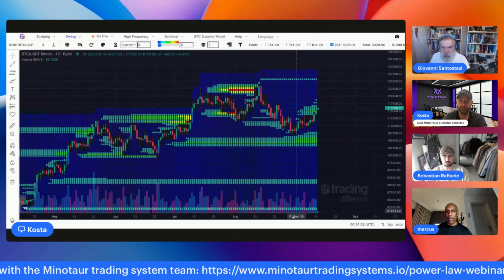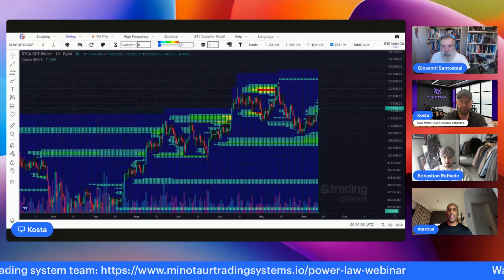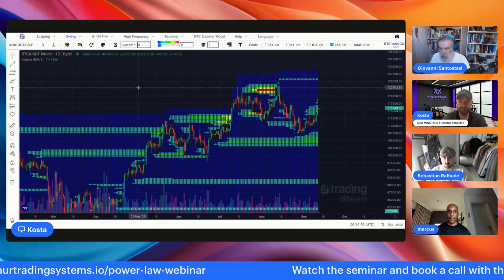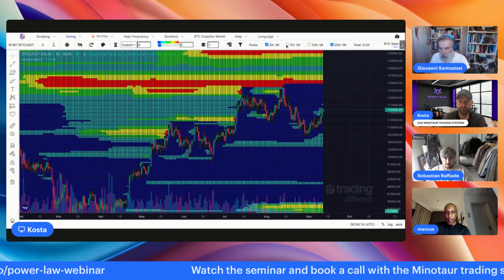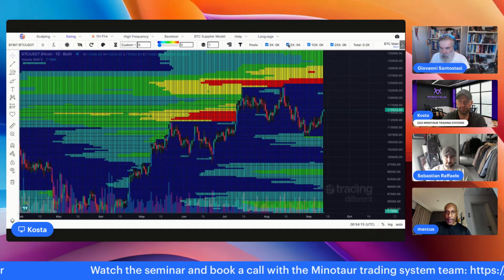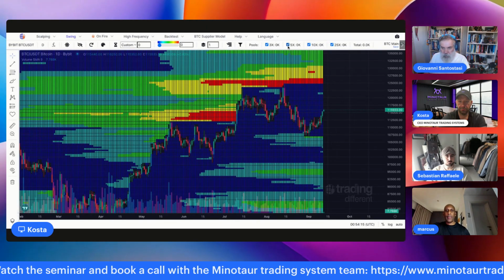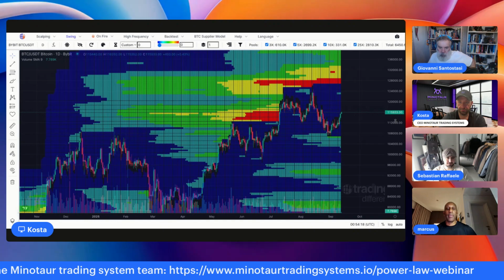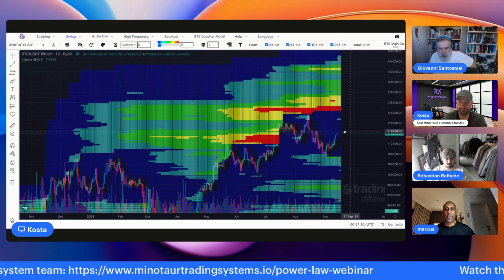Okay, Costa, if you could go to the daily time frame, please, and you can put all the liquidity in there. Yeah, there you go. Just based on that, you can zoom out a little bit so we can see the entire range.